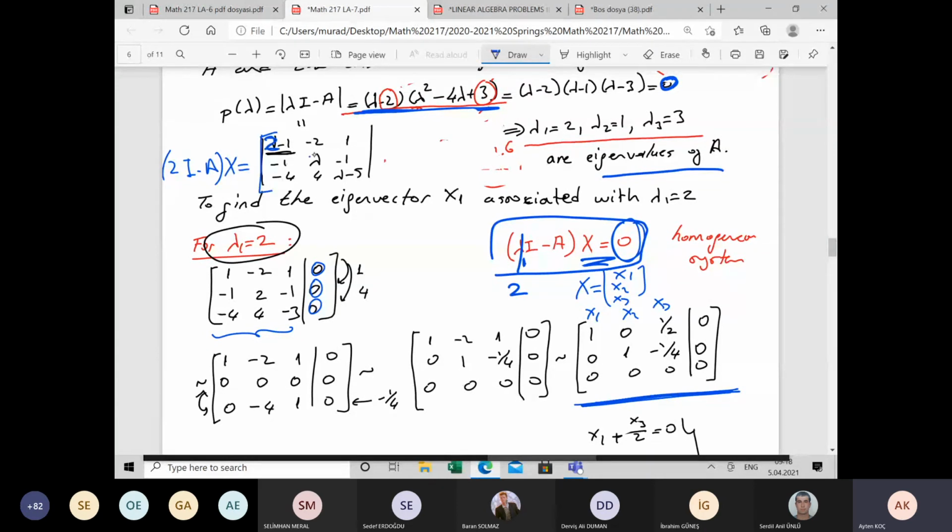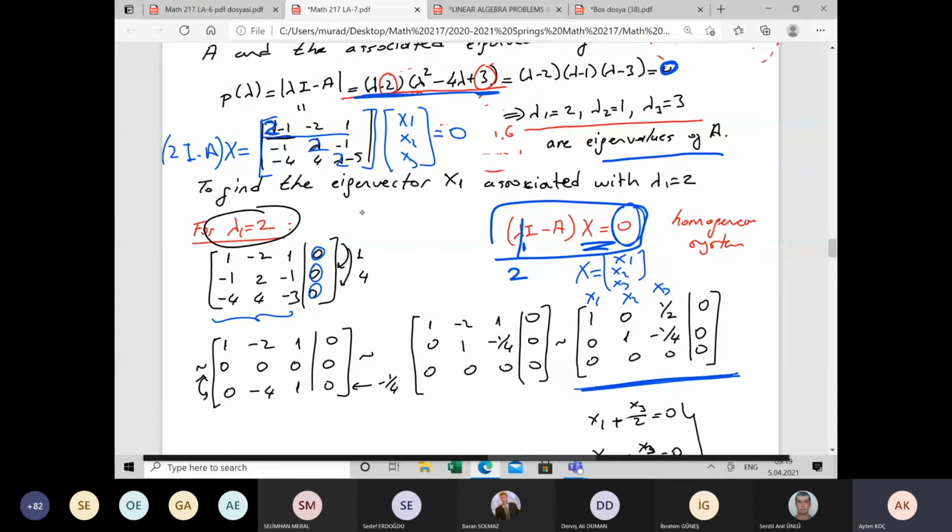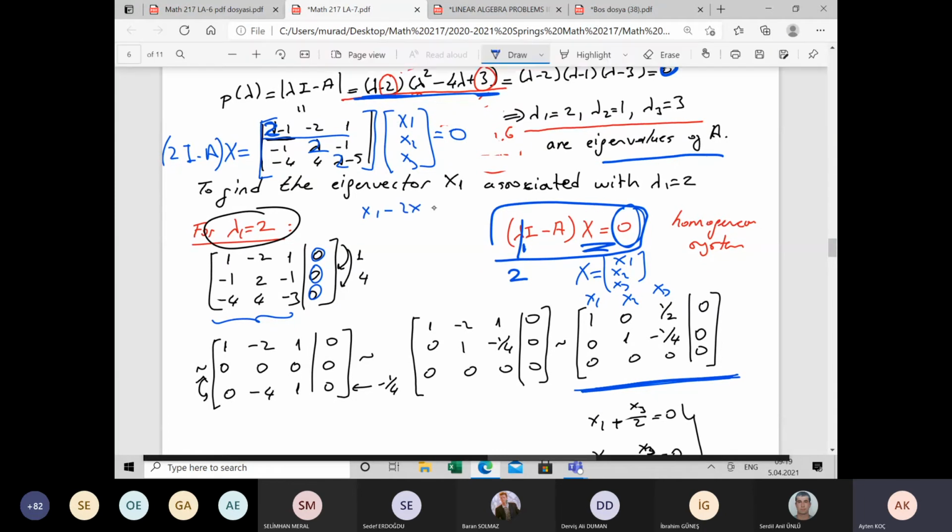So this gives x1 minus 2x2 plus x3 is 0. Then minus x1 plus 2x2 minus x3 is 0. The last one, minus 4x1 plus 4x2 minus 3x3 is 0.